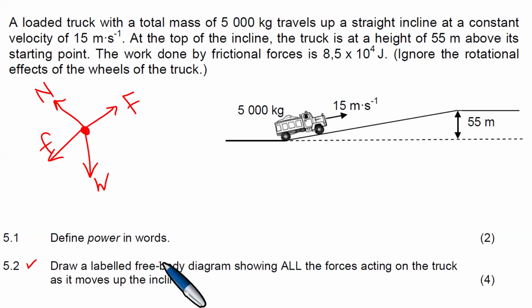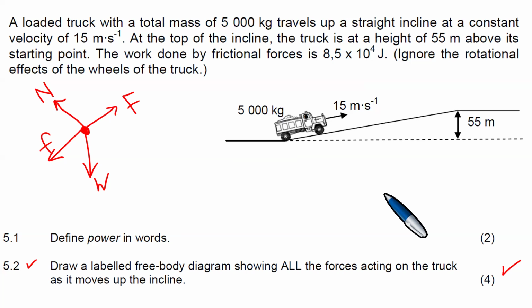The normal force, which is the upward force by the surface on the truck. So we can identify a total of 4 forces and hence obviously the marks of 4 as well. 4 forces acting on the truck in the process. Okay, move on to the next question.